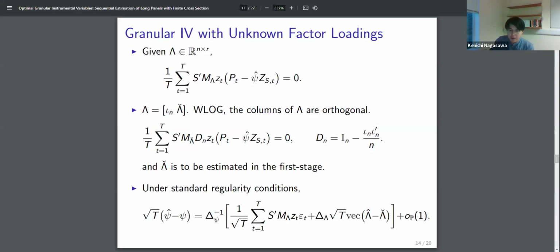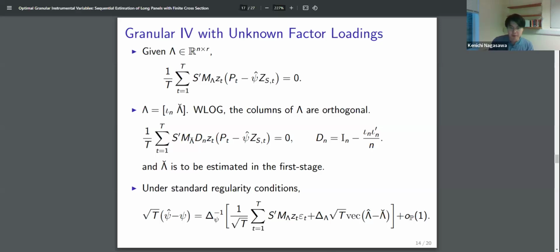The first part is this sample mean, which, if you know lambda exactly, will be the influence function of the granular instrumental variable. The second part comes from the estimated columns of lambda. If you can characterize the influence function of the factor loading estimator, then you can completely characterize the influence function of the granular instrumental variable.